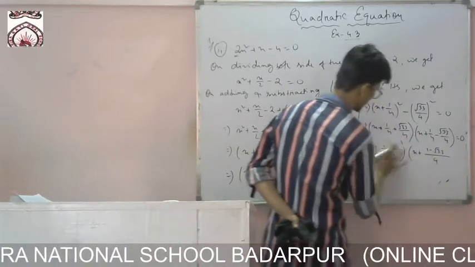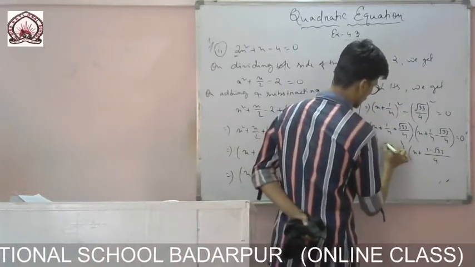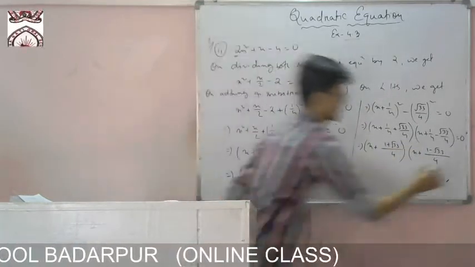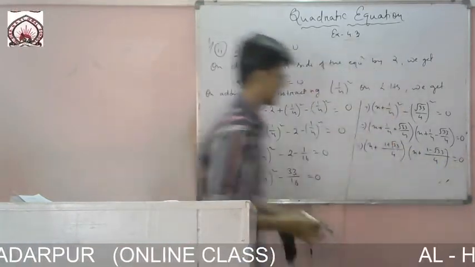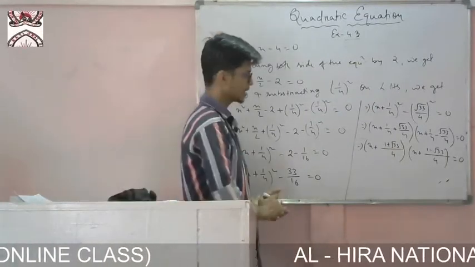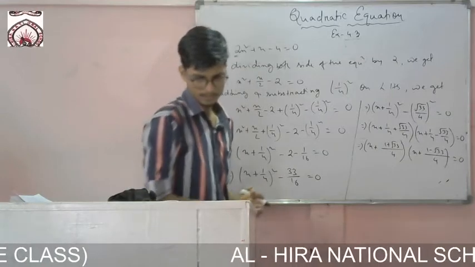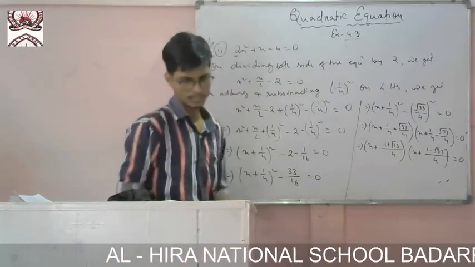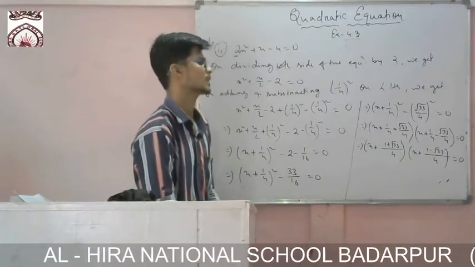Okay, let me write 1 plus root 33. It looks good, no? So which is equal to 0. So x plus 1 plus root 33 by 4 and 1 minus root 33 by 4.